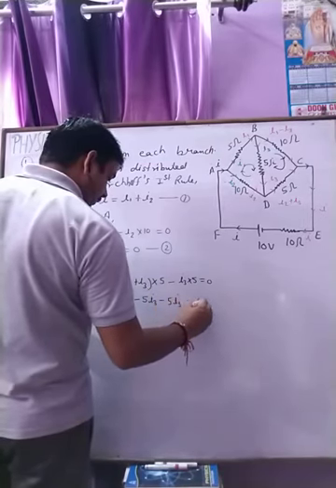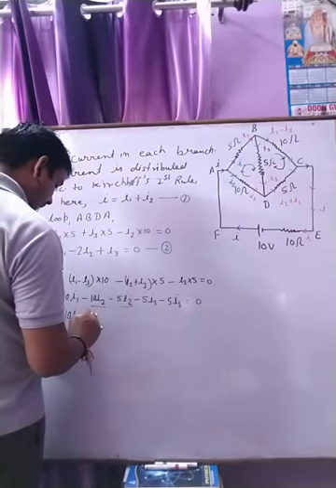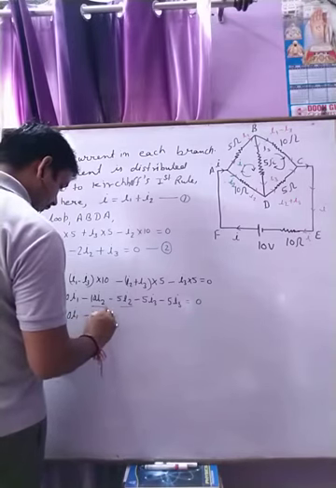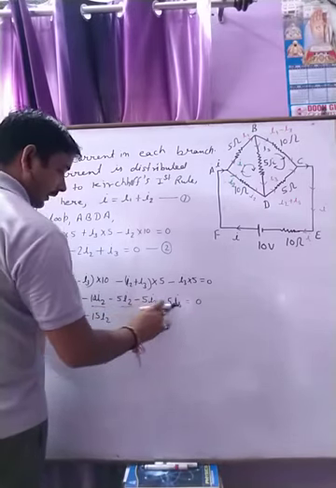So 10 I1, minus 5 I2, minus 20 I3 equal to 0.